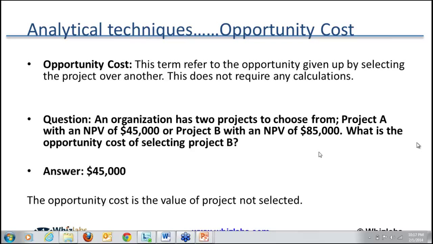Exactly. So life cycle cost means that when a project is selected, it is not only looked at from the point of view of the total cost of the project. Suppose I want to launch a new mobile phone. I will not only see the cost of that phone, but also the service cost and the warranty cost. Maybe I sell the phone for $10,000 and generate good revenue from it.